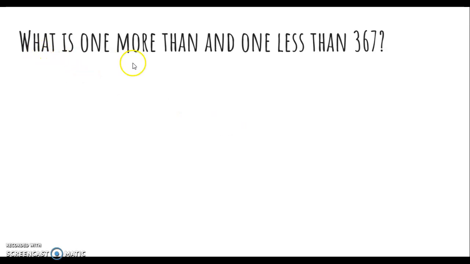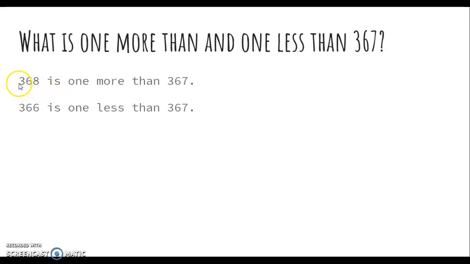Our first question says, what is 1 more than and 1 less than 367? Okay, so we're starting with 367, and they want to know both 1 more than and 1 less than this number. So we're going to be adding 1 and subtracting 1. So 367 plus 1 equals 368.